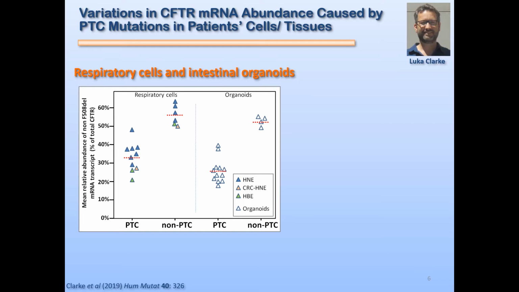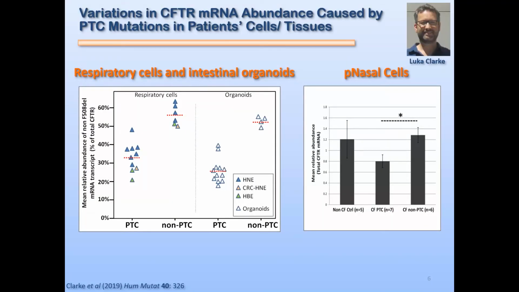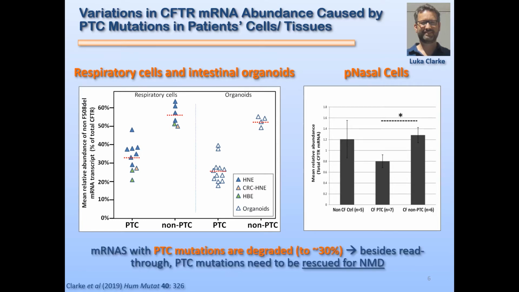And on the right of the graph, we observe the same difference occurring in messenger RNAs from organoids. Here we observe for primary nasal cells that the levels of messenger RNAs with PTCs, that is the middle bar, are significantly reduced versus the levels of messenger RNAs without any PTC mutations. So in short, we can conclude that messenger RNAs with PTC mutations are degraded down to about 30%.